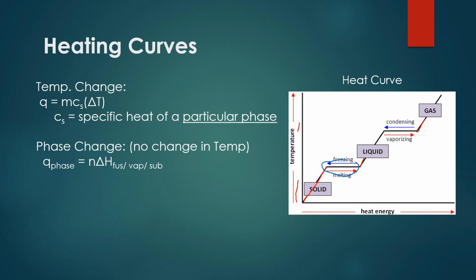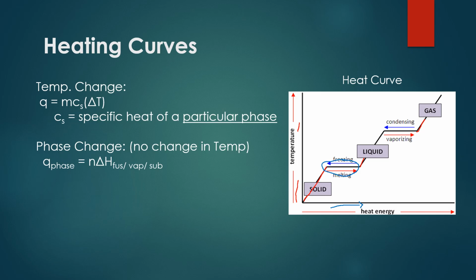This plateau is indicating that heat is still going into the system, because as you can see on the x-axis, heat is still being increased, but the temperature isn't changing at all. And the reason that the temperature isn't changing is because the heat energy that's going into the system is going into the system to change the phase from a solid to a liquid. So the energy going in is changing the phase, not the temperature.